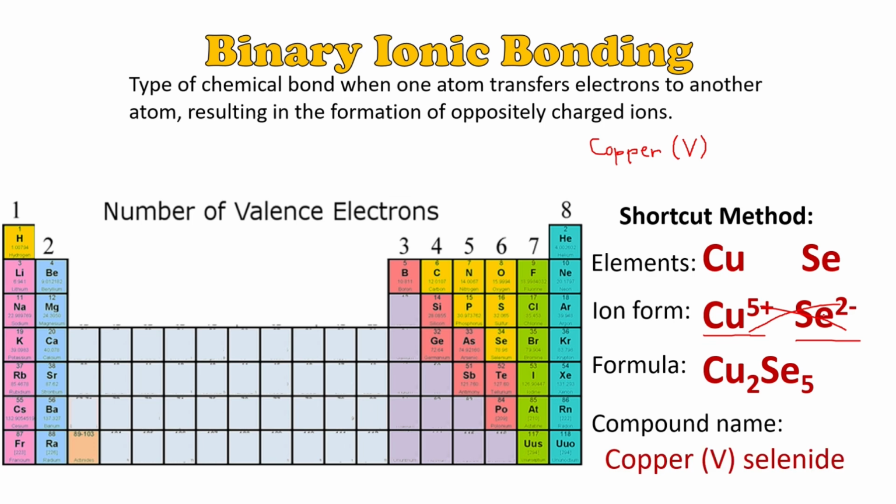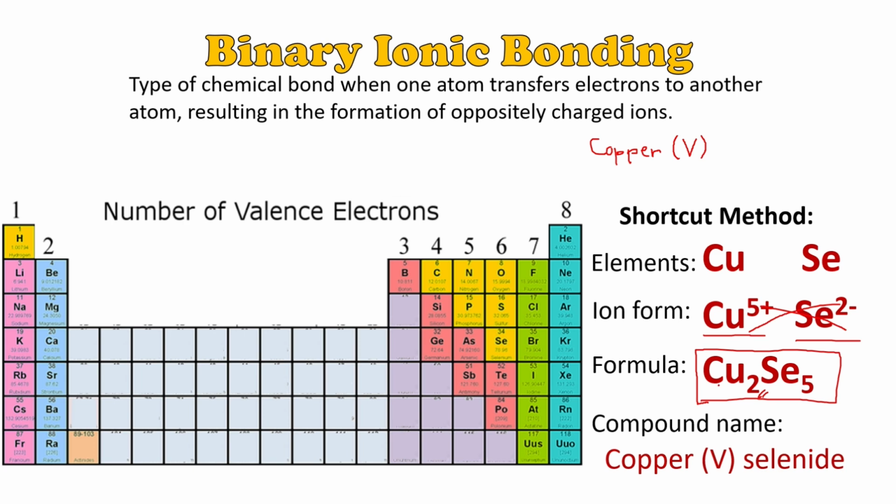Now, some of you might be confused about how to name this because you're looking at this and you might say, "Why not 2 here in the parentheses?" No, the 2 there indicates there are 2 copper atoms.